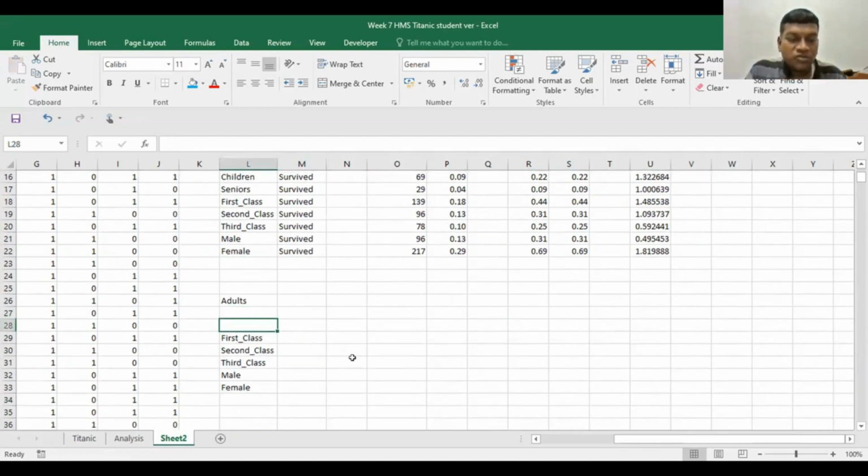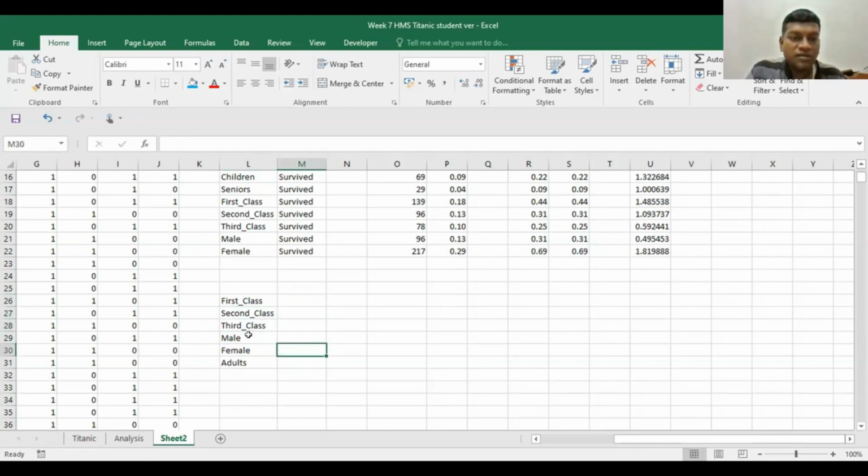Now let's look at adults, male, female, first class, second class, third class.